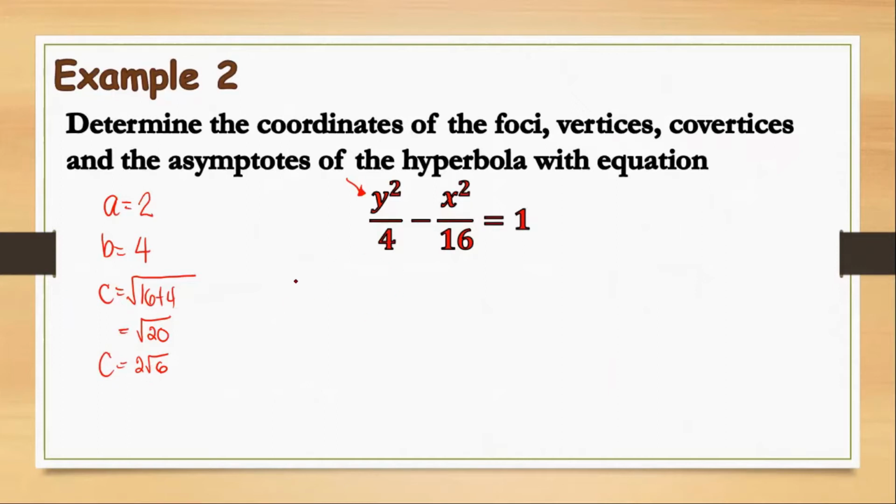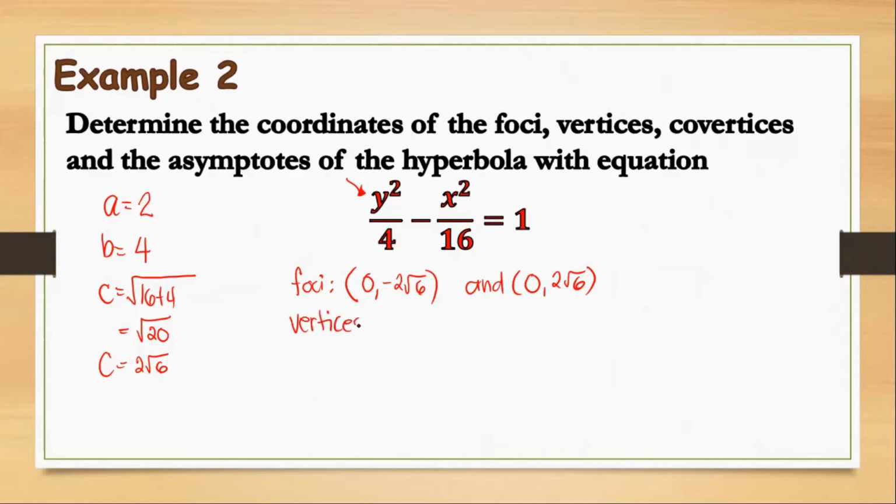Okay, let's continue. Let's identify the foci. Since we have here the first term as y and it is a vertical hyperbola, our foci will be at 0, negative 2 square root of 5, and 0, positive 2 square root of 5. Next is the vertices.